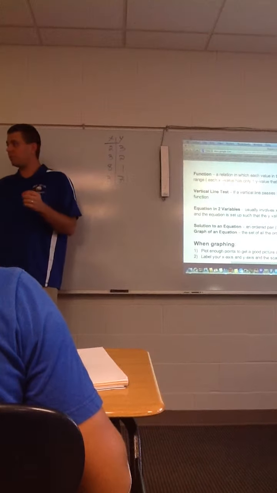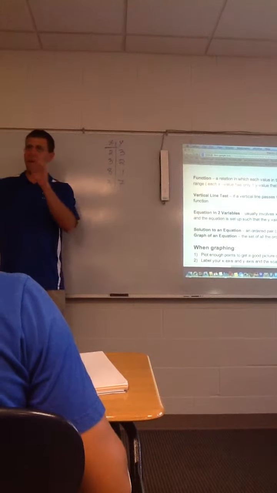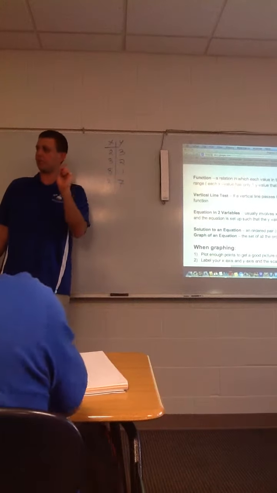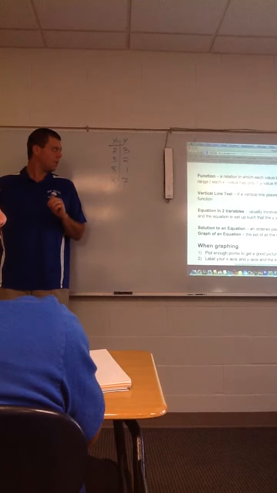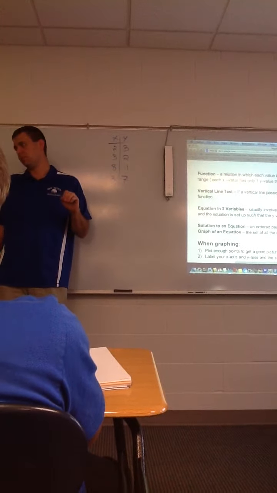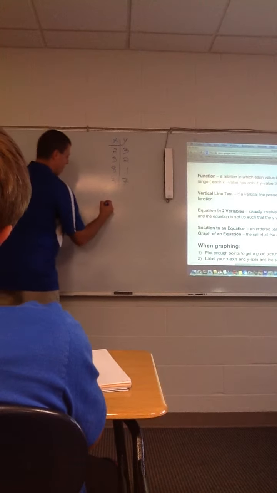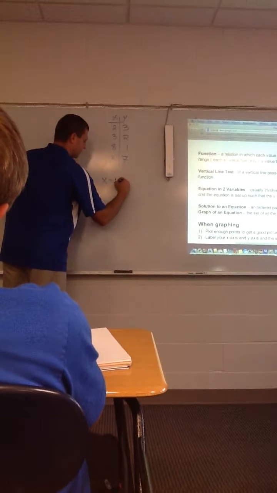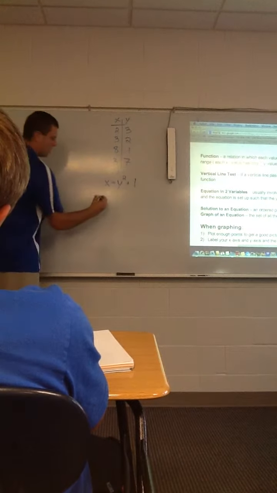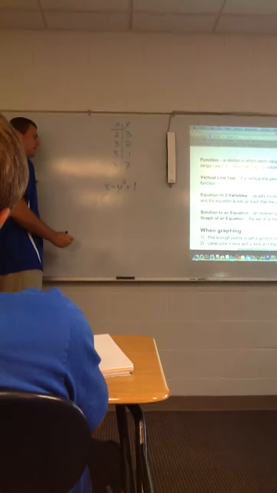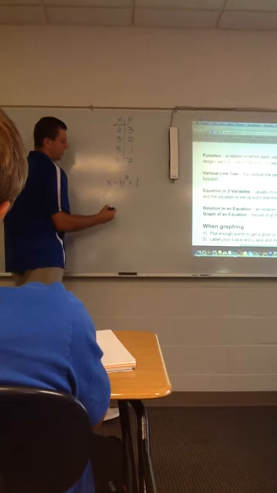Not on a function, but could you graph something where one x value has multiple y values? Absolutely. Want to see an example? Okay, x equals y squared plus 1.